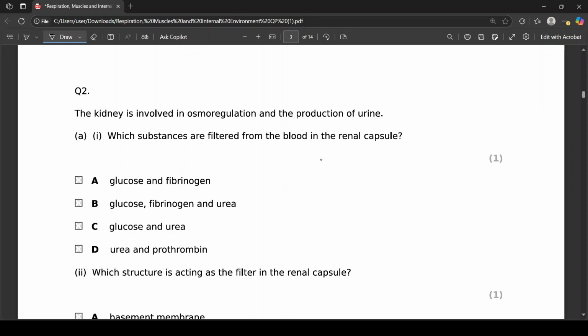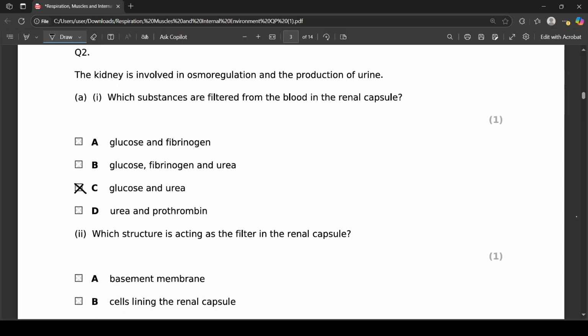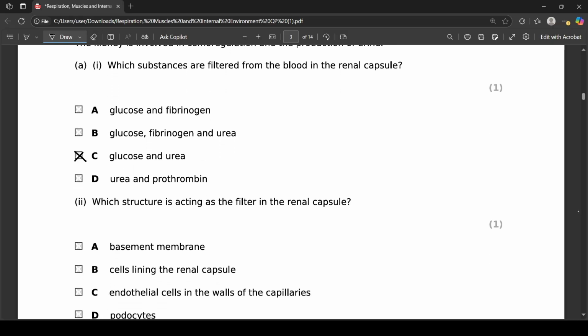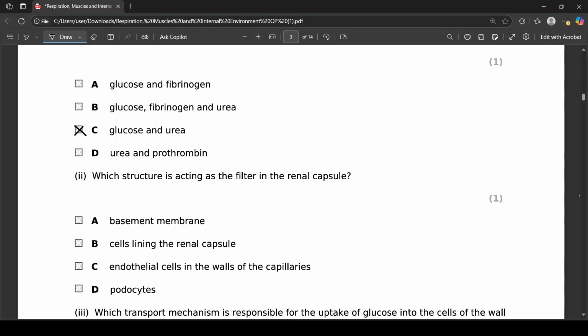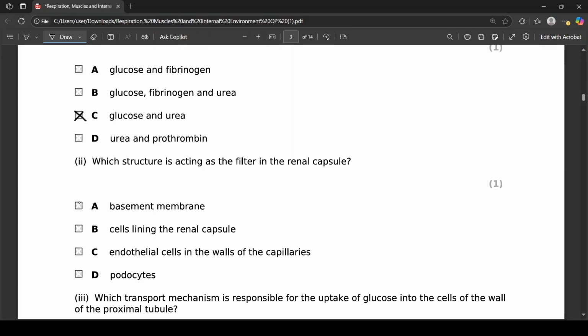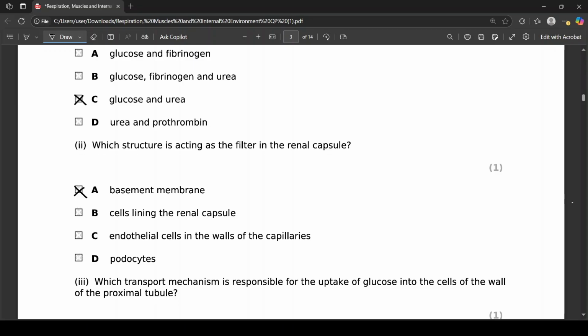Remember, that is going to be glucose and urea. Okay, and then the next part asks us which structure is acting as the filter in the renal capsule. That is obviously the basement membrane, which acts as the filter in the renal capsule.